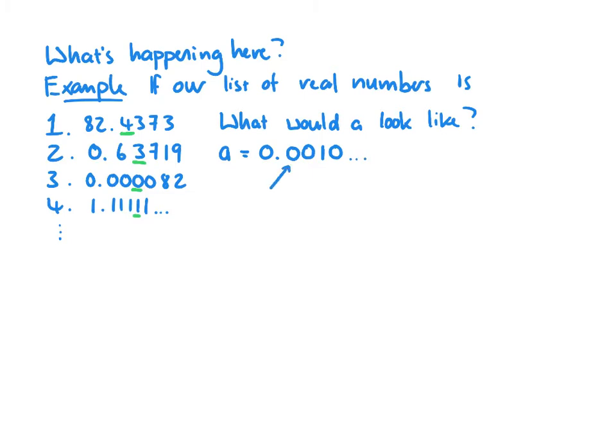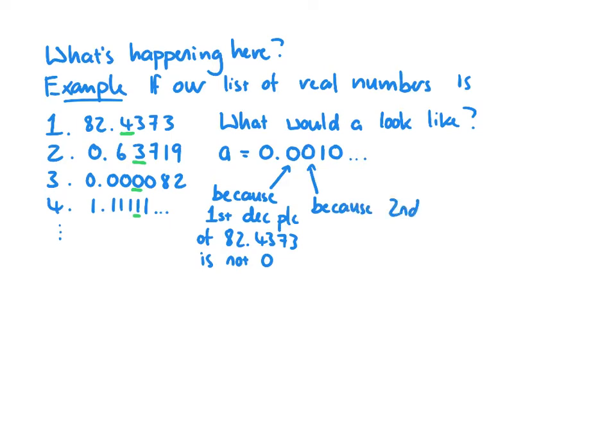Right, so this is because the first decimal place of 82.4373 is not 0. We place a 0 there. And then here the second 0 is because the second decimal place of 0.63719 is not 0.